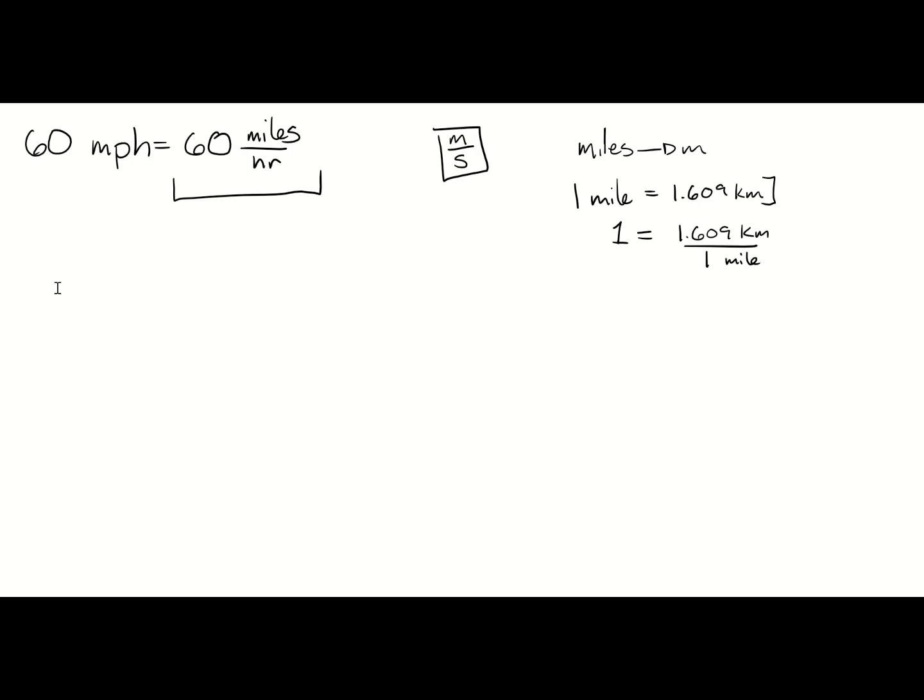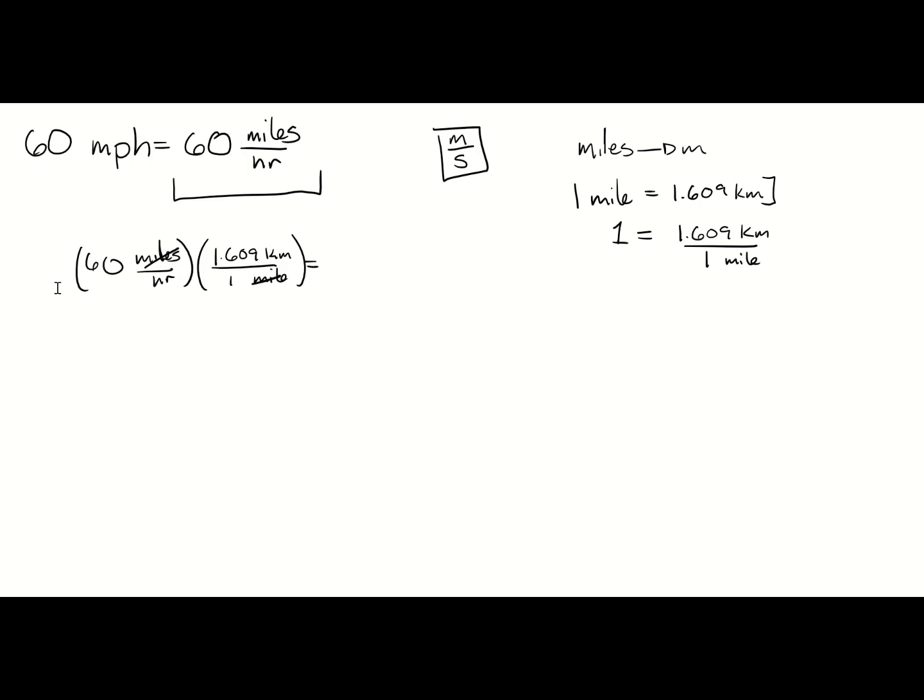So if I can use that, and since 60 miles per hour, if I take that number I'm trying to convert and just multiply it by 1, it won't change it. So kilometers per mile. I can perform this, and I'm going to get cancellations.